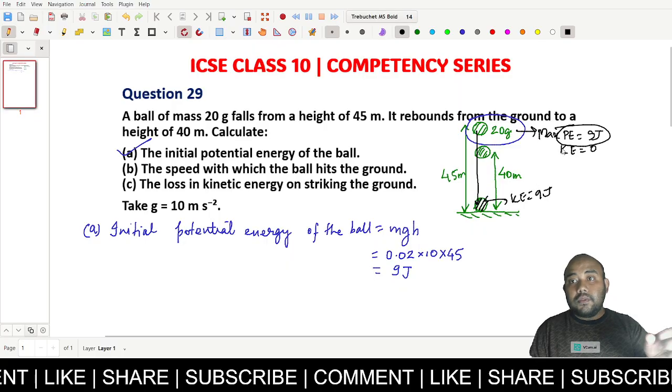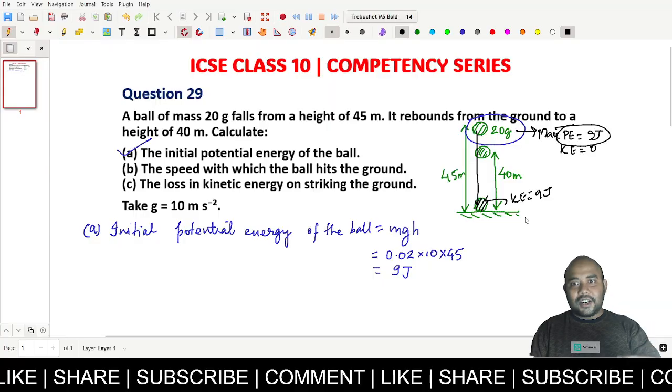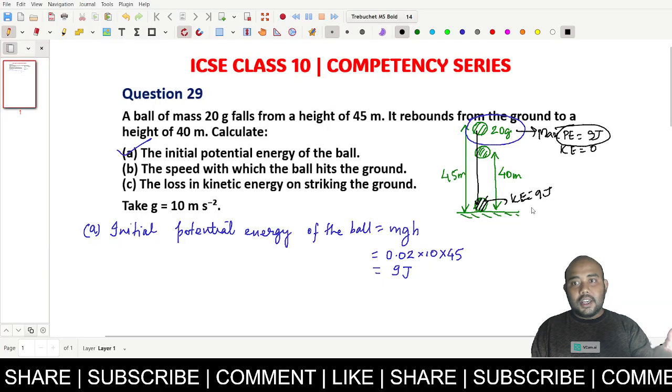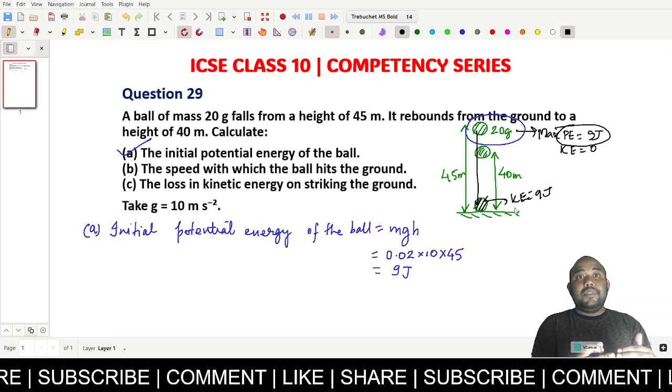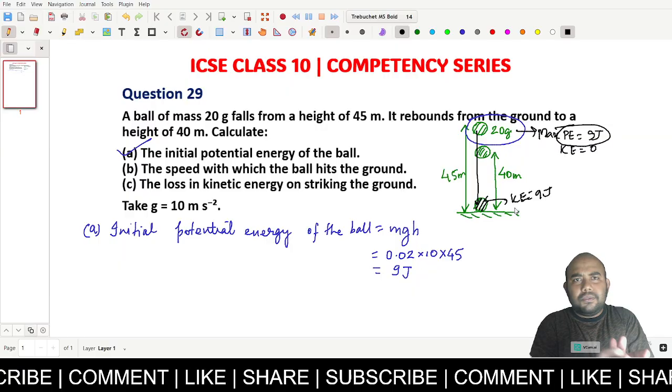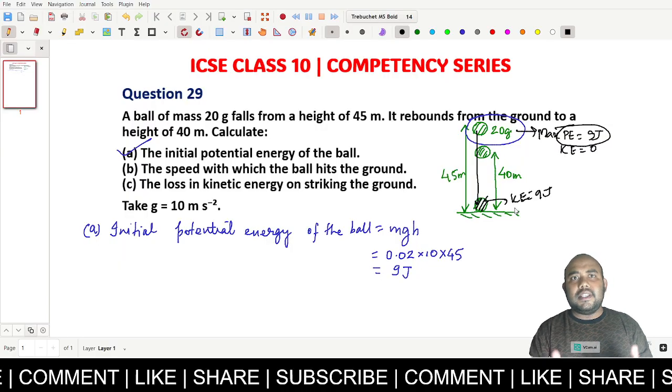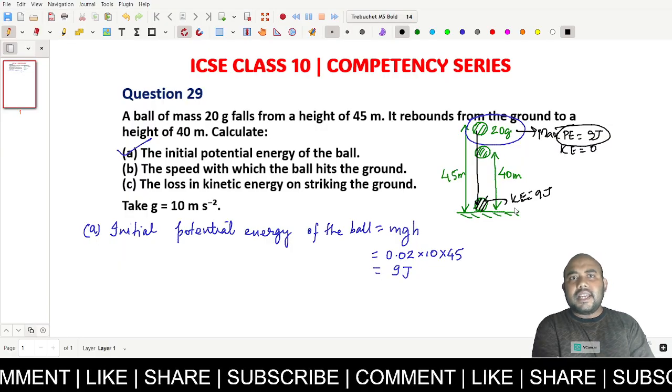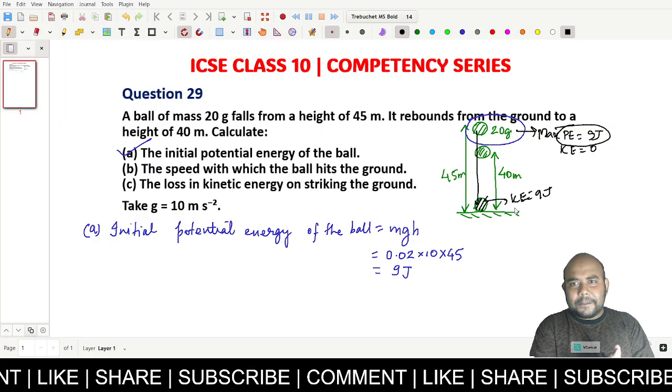The potential energy was also 9 joules. The entire potential energy got converted to 9 joule kinetic energy, and it will obviously convert to other forms like sound and heat just in the next microsecond.